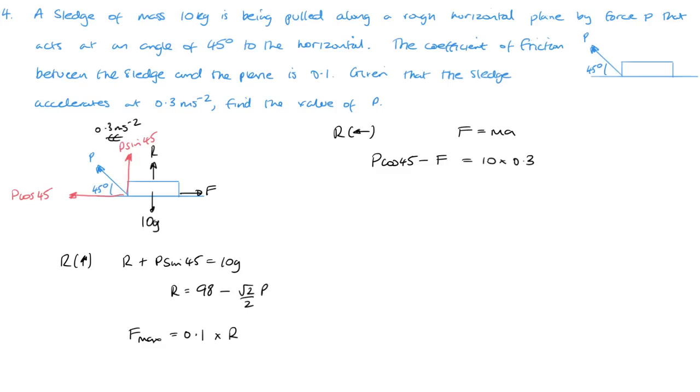So 10 times 0.3 is 3. Cos 45 is root 2 over 2.